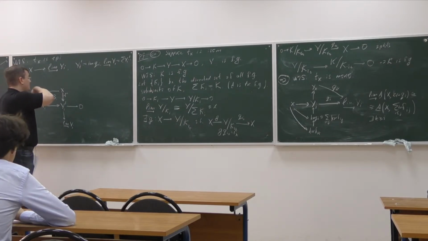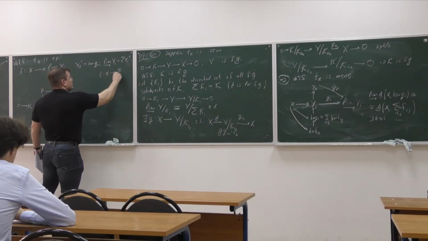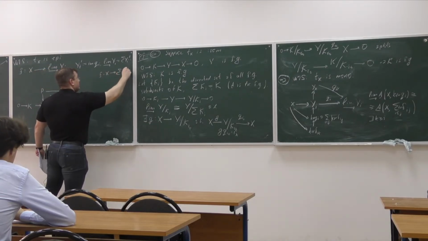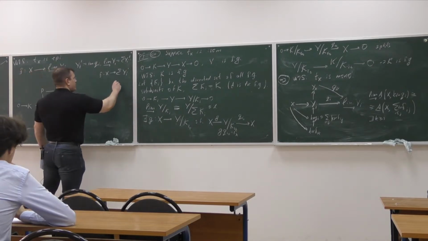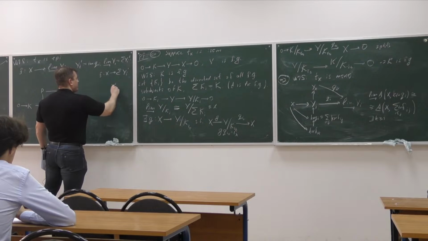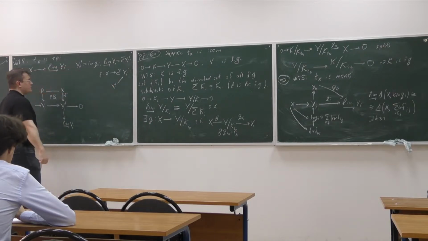Here, I definitely have a map f from the x to the sum. Now I have yi prime that sits here, so we have a canonical map.